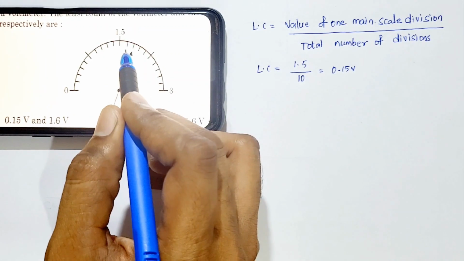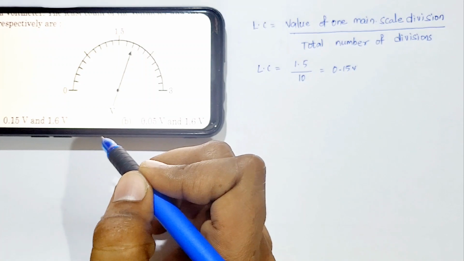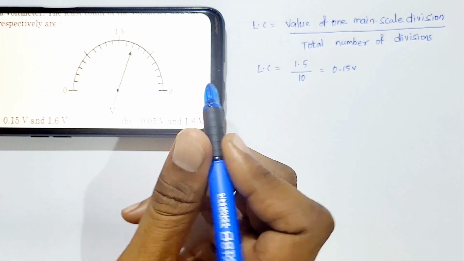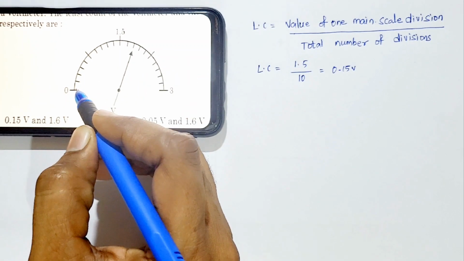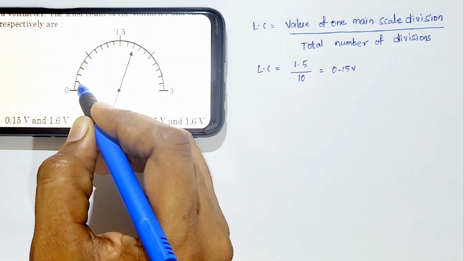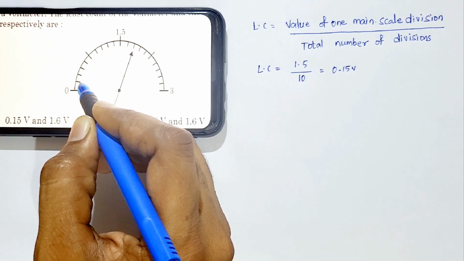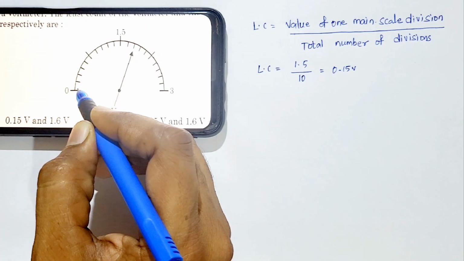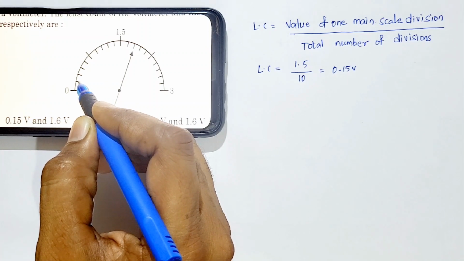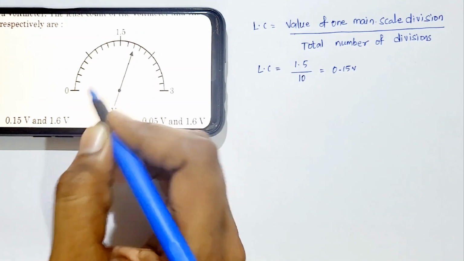Now we have to find the reading it is indicating. The least count is 0.15. What does it mean? From 0 to the first division, it represents 0.15 volts. From here to here is 0.15, and from here to here also 0.15 only.